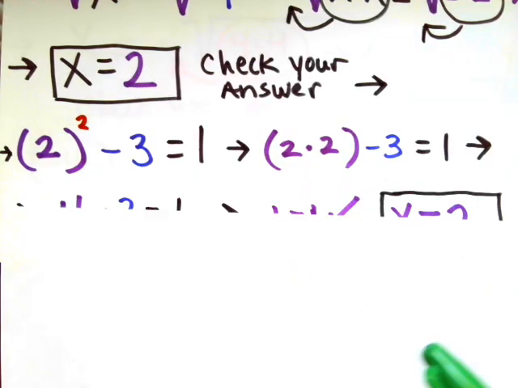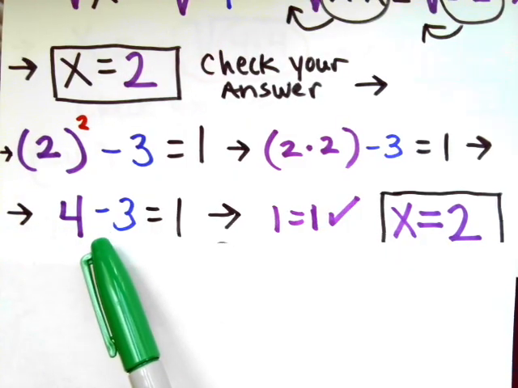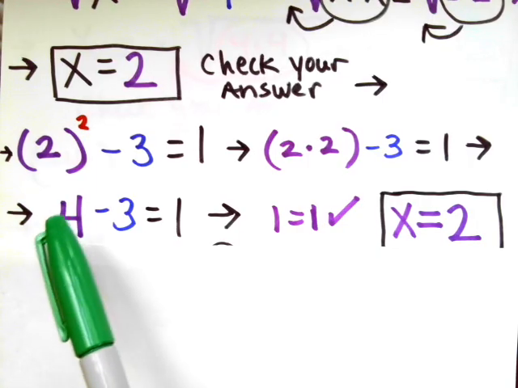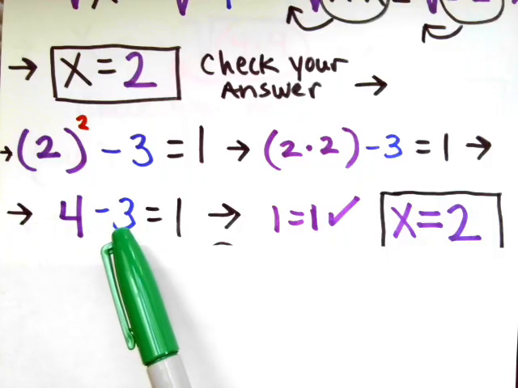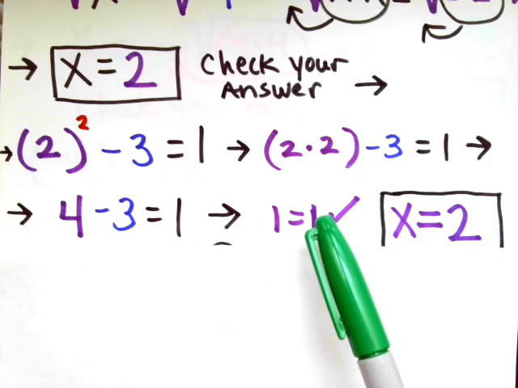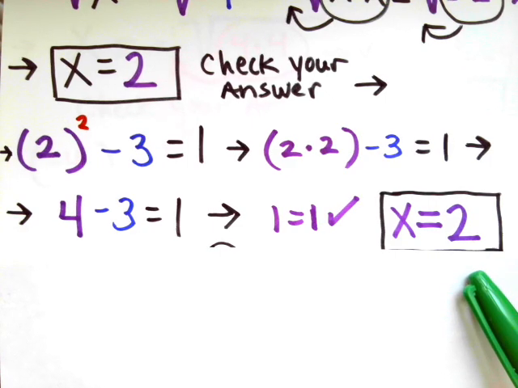And in this next step, I'm going to show you 2 times 2 is 4. And following the order of operations, add or subtract is the last step. I can subtract: 4 minus 3 equals 1. Does 1 equal 1? Is that a true statement? It absolutely is true. X has got to equal 2 for this particular problem.